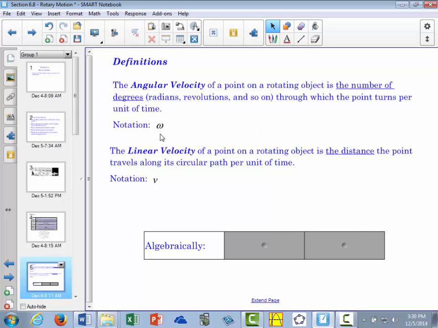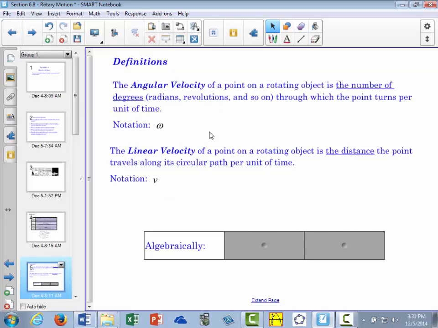And we'll use again the omega symbol there to discuss angular velocity. The linear velocity of a point on a rotating object is the distance the point travels along the path per unit of time. So not what angle did it cover, but the actual distance around the circumference of its circular path. And we'll use V there.